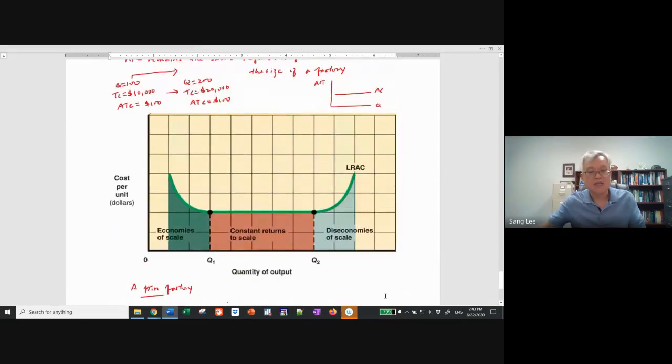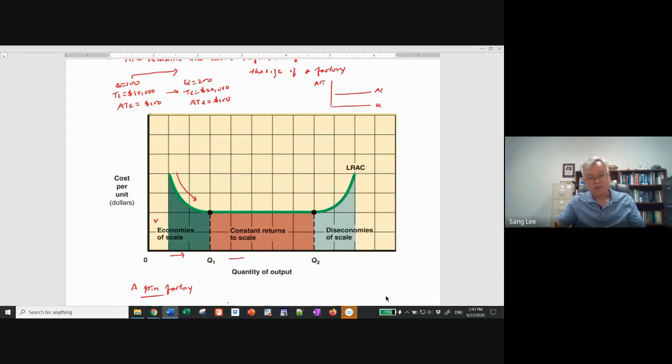So here, now this figure combines all 3 different features. If the average cost per unit curve has a declining segment, then as you produce more output, the per unit cost is falling, so that is economies of scale.